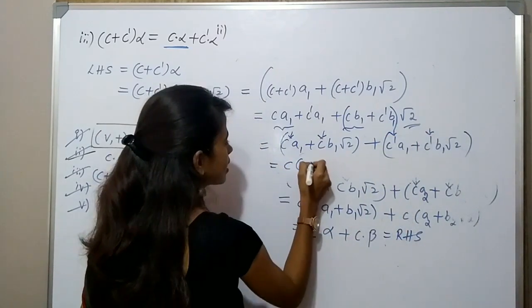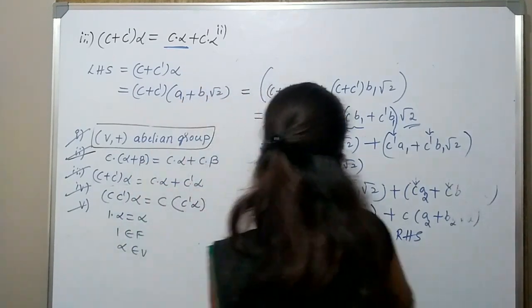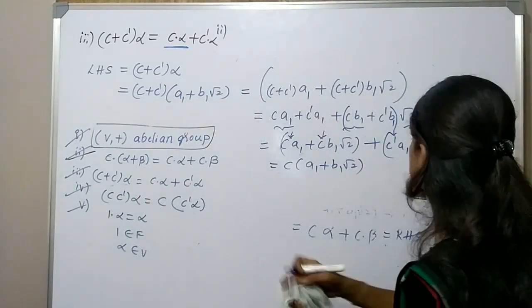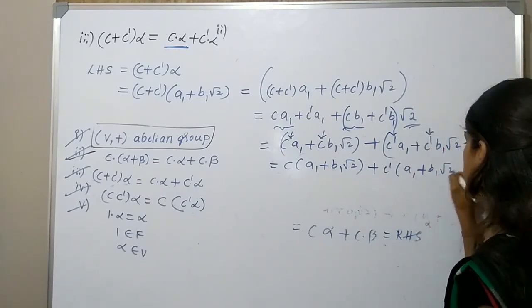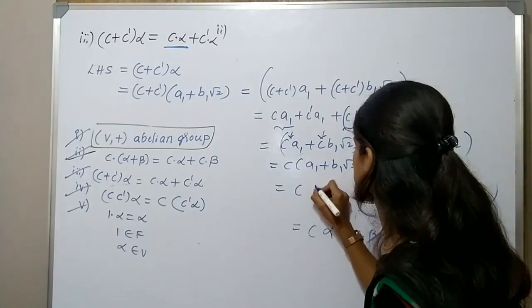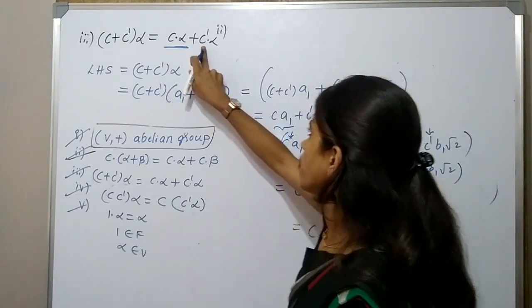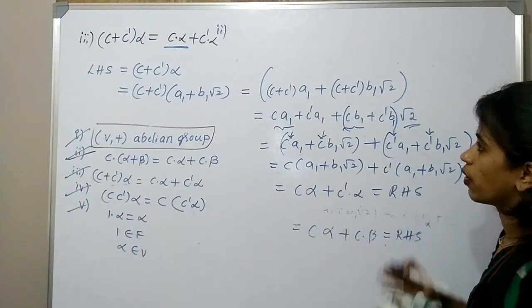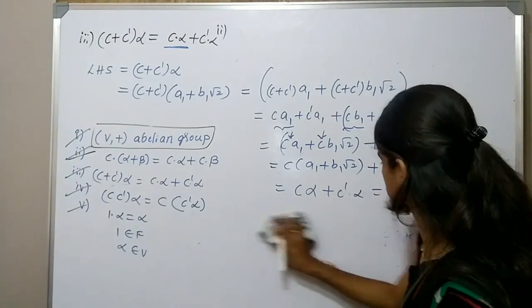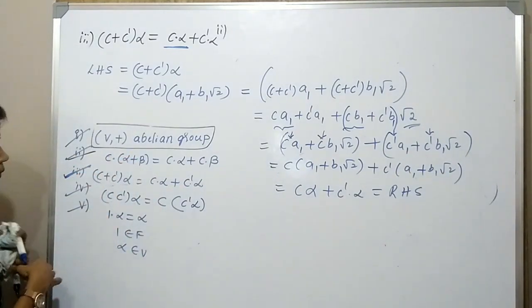If I take c common, a1 plus b1 root 2. If I take c dash common, we remain with a1 plus b1 root 2. That is c into alpha plus c dash into alpha. So c dot alpha plus c dash into alpha, that is RHS. Which one? Third condition. Is it clear? So the third condition is also over.